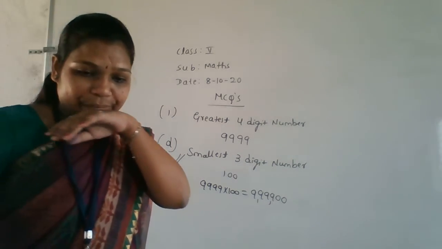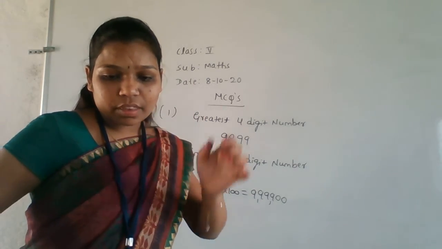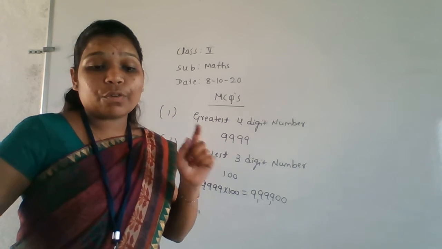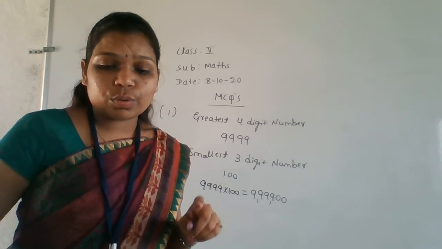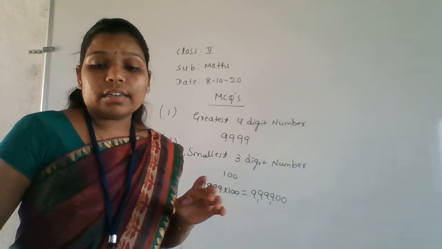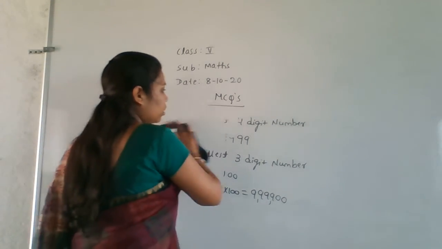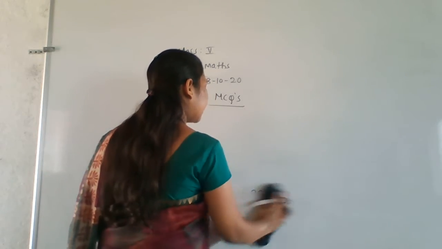Find the number that exceeds 3 crore 45 lakh 67,239 by 10 lakh. Okay. Exceeds means it is greater.